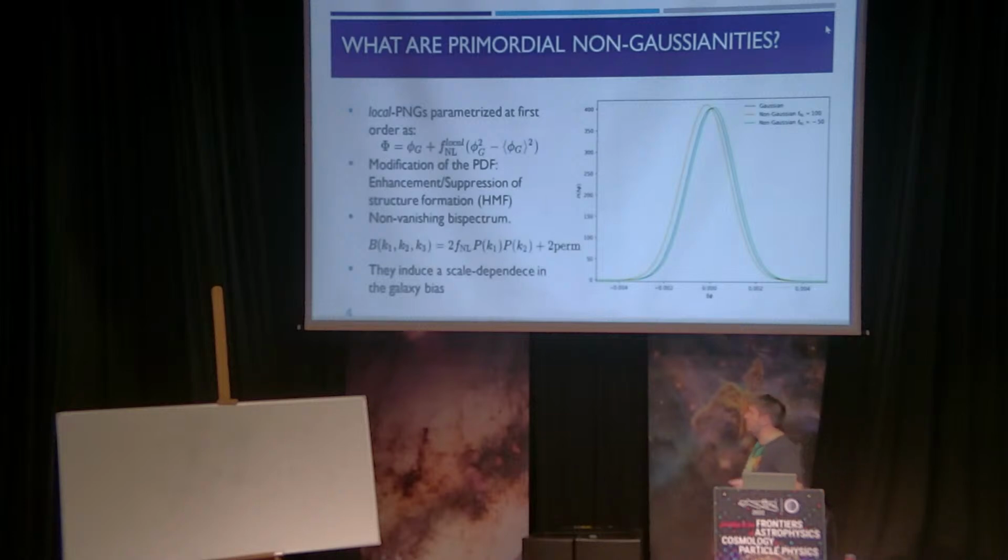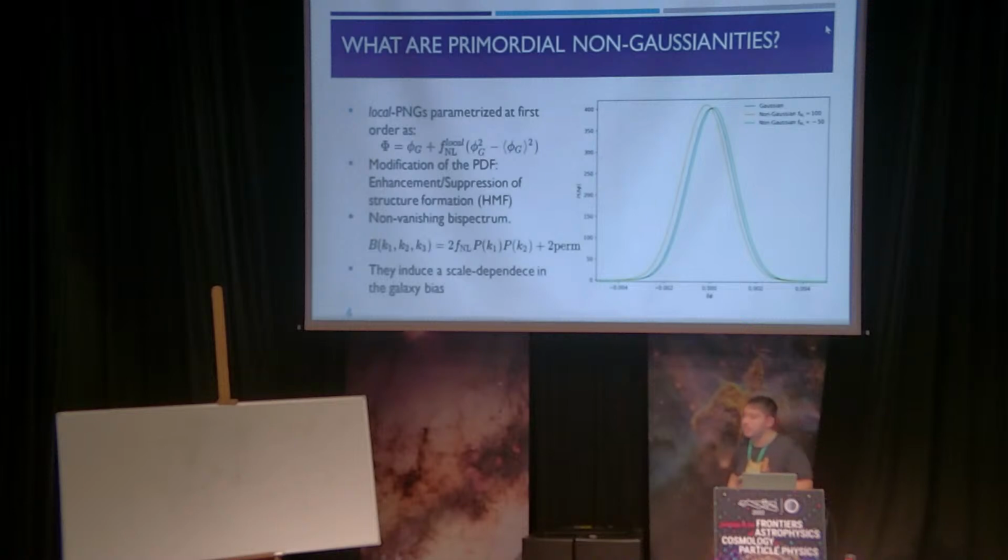And this has three main effects. On one hand, we modify the probability density function of these perturbations, as you can see in this plot, and this enhances or suppresses, depending on the sign of f_NL, the formation of very massive structures. Of course, since you have a non-Gaussian PDF, this will induce a correlation in the 3-point functions, which can be parameterized in this way.